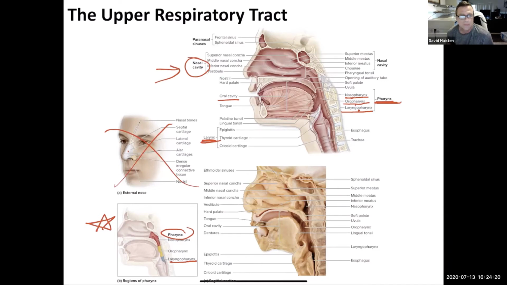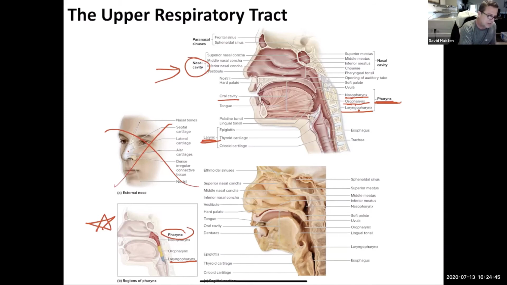So it's a poor design, but it's the only one we have. Evolution doesn't make the best solution. It works with the best of a big pool of losers. All right, so that's the pharynx.